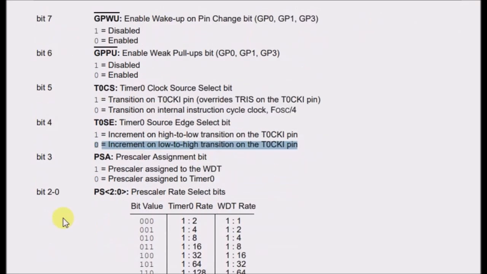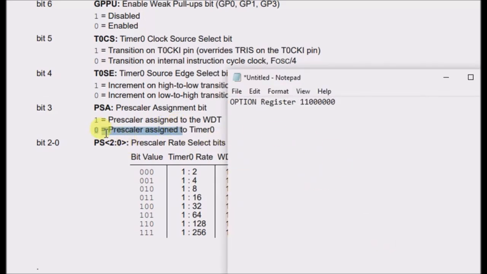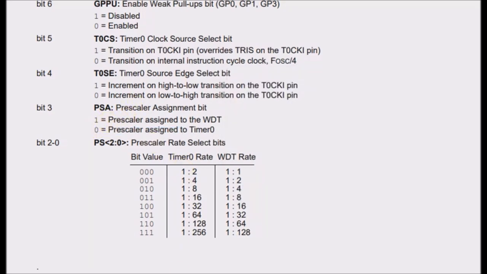Okay. And then the bit 3 prescaler assignment bit, you can assign it to the timer 0 or the watchdog timer. Oh, okay. I didn't cover that before my last part where I was conjecturing. And yeah, maybe that would actually be good to set that to 0. Assign the prescaler to the timer 0.